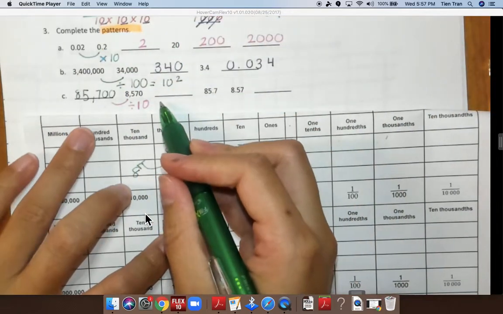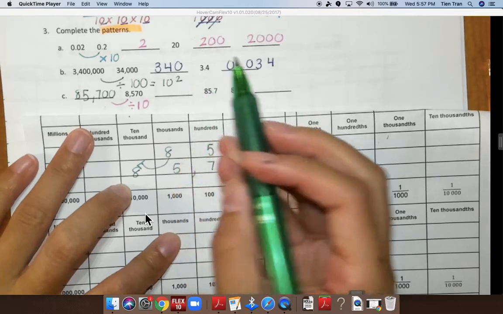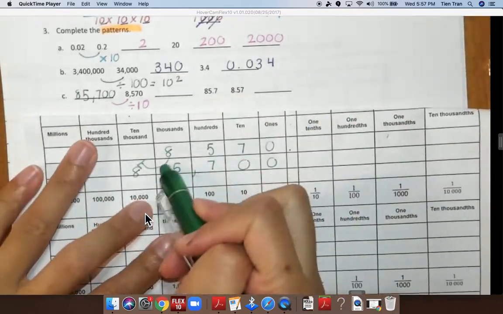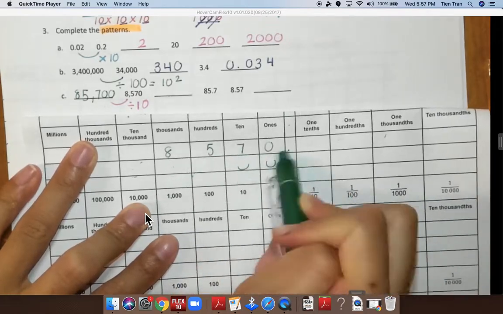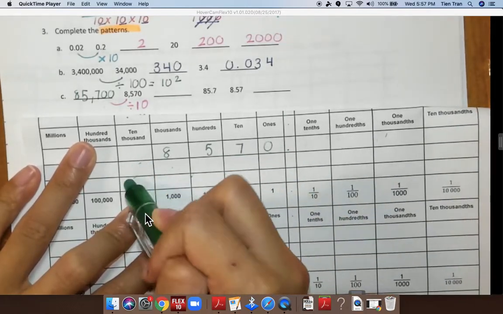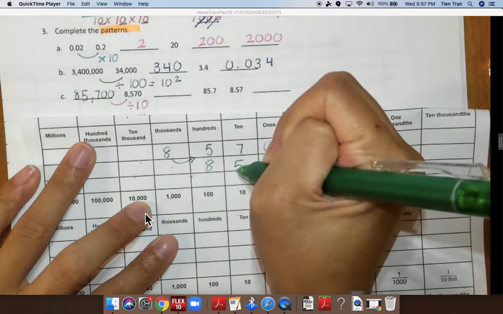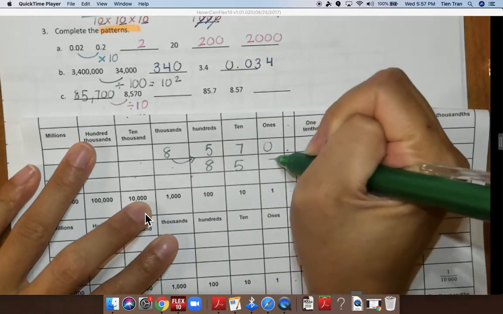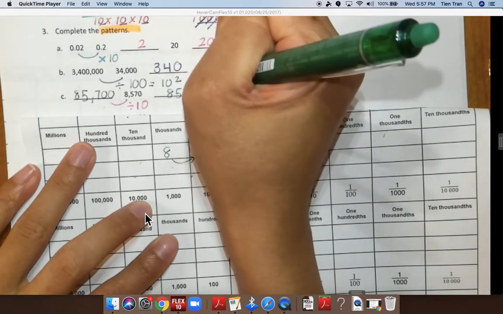Okay? So my next number, I'm going to be dividing by 10. So this number right here, 8,570, is going to move over 1 time to my left. So it's going to be 857, okay?